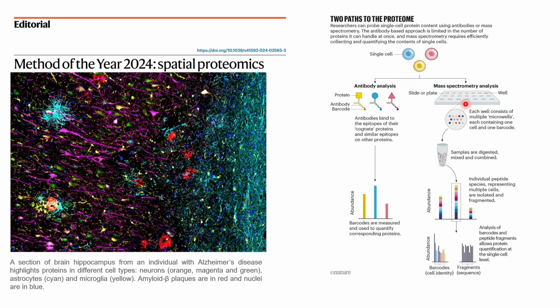So you will have, let's say, 96 wells, and each well will have further micro wells, and each micro well will contain only one cell, and each micro well will have its own barcode. After that, barcoding is done, so each cell is coded.